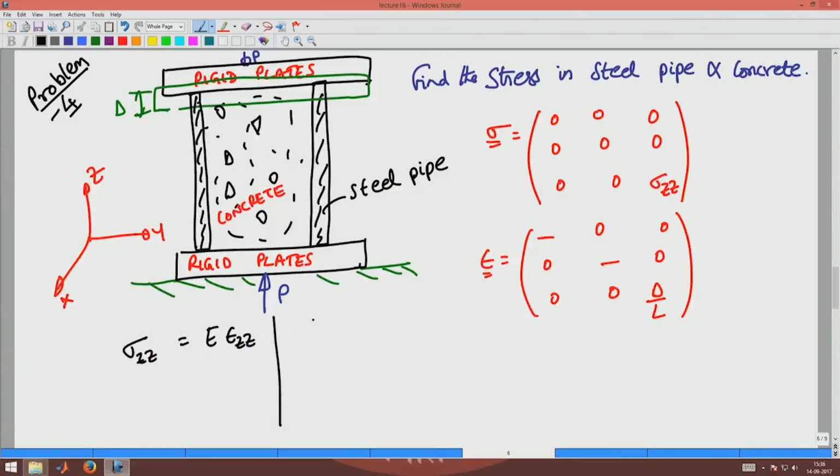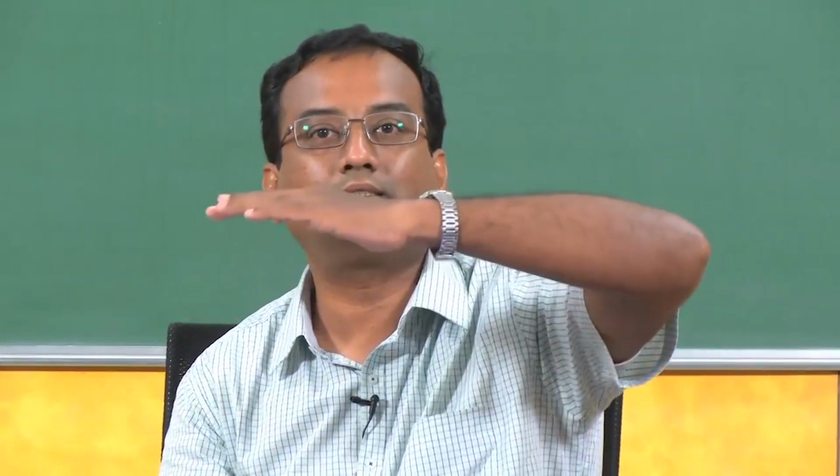I will have epsilon ZZ of concrete equal to epsilon ZZ in steel, which will be equal to delta by L, because the plate is rigid, there is no rotation there for the steel and concrete to have different strains. The rigid plate moves as a rigid plate and hence the strain in the steel and concrete would be the same.